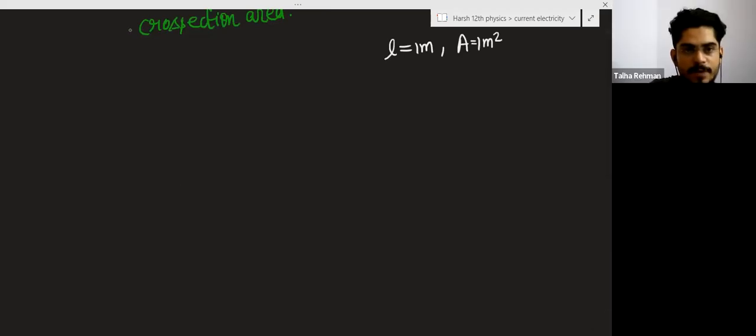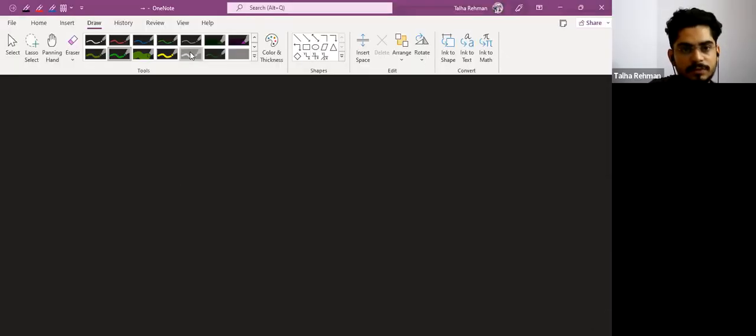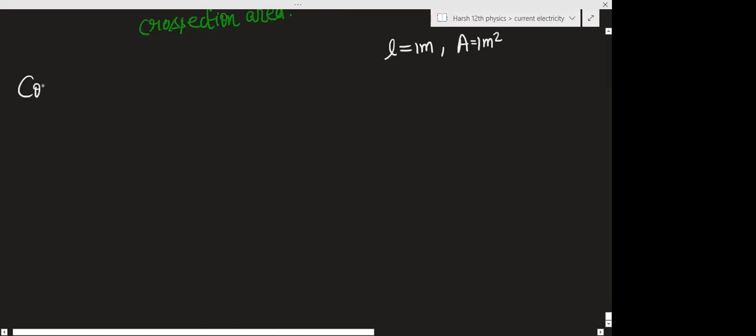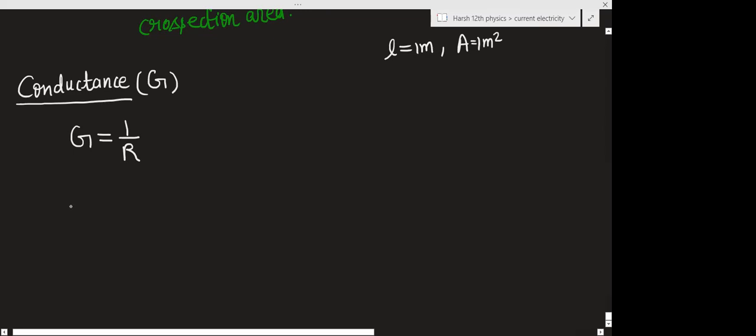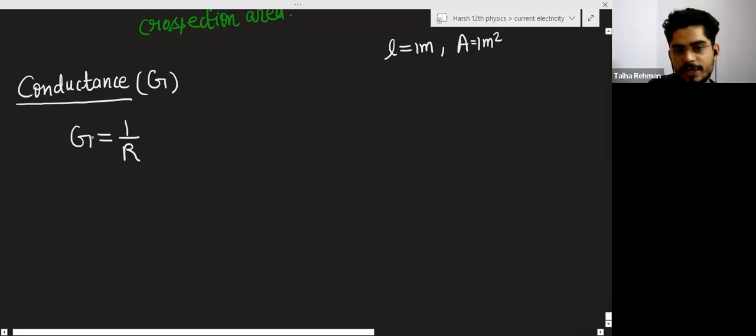Now we will have conductance. Conductance is represented by capital G, and it is equal to 1 upon resistance. Can you calculate the SI unit of conductance?